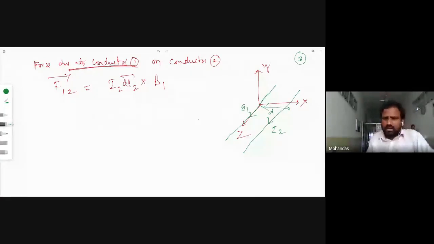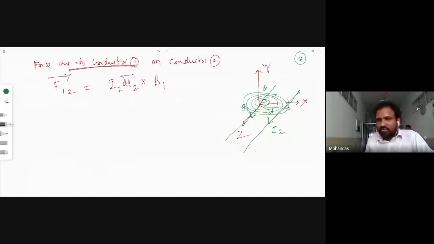Now see here, B1. The magnetic flux density produced by this conductor is B1. It is like this. Now, where is the field point here? By sitting on conductor 1, we are seeing the force on conductor 2.